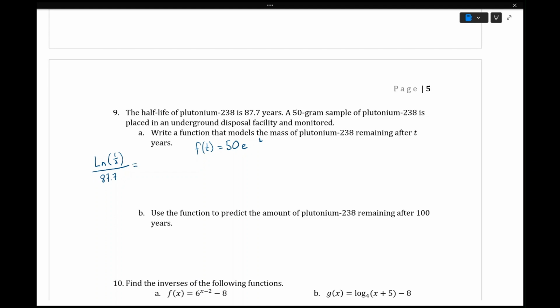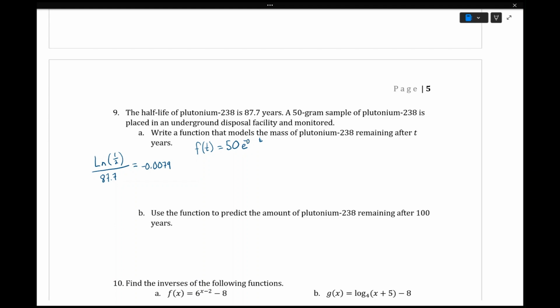I'll plug that in my calculator. And so natural log of 1/2 divided by 87.7. It's a really nasty decimal, but it's about negative 0.0079.